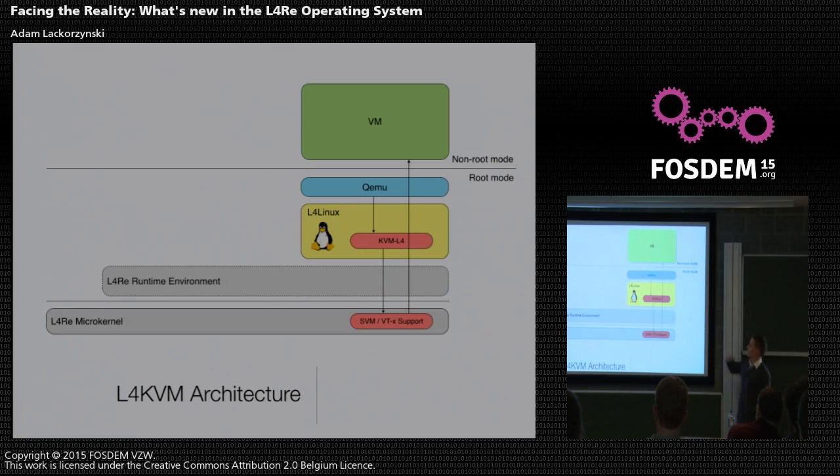And then on top of L4Linux, you run QEMU as the VMM or provider for device resources for the virtual machine. QEMU tells KVM what to do, and KVM then writes the correct setup for the virtual machine into the control structure. Then we switch into the microkernel. The microkernel does the world switch, and we end up running in non-root mode as in a virtual machine.